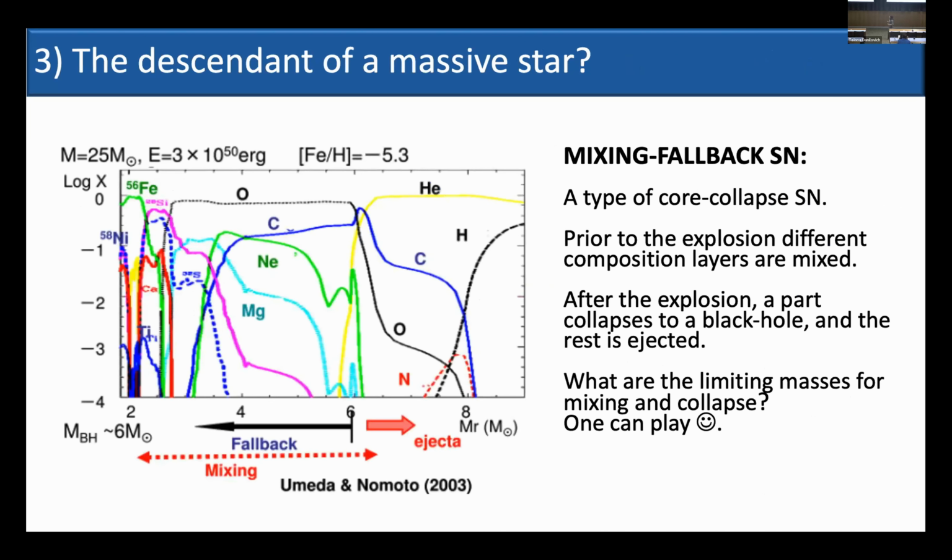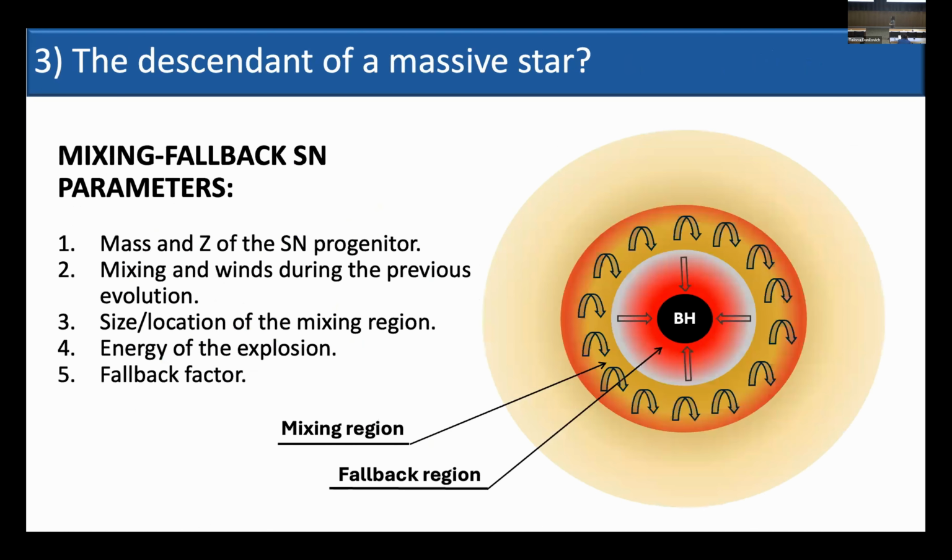These stars are sort of halfway because there's a part of their inner regions that get mixed, and then the innermost part of this mixing and fallback supernova collapses to a black hole. So of course, whatever is collapsing to a black hole will not be ejected to the interstellar medium.